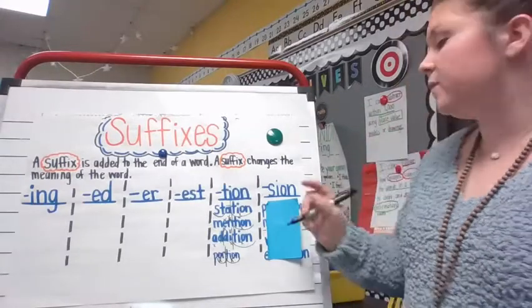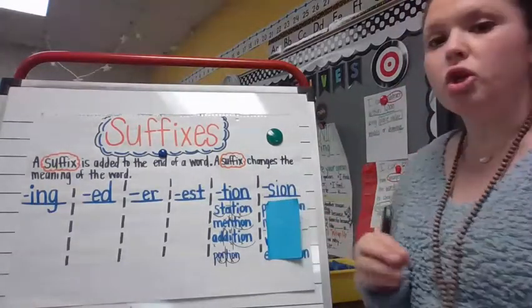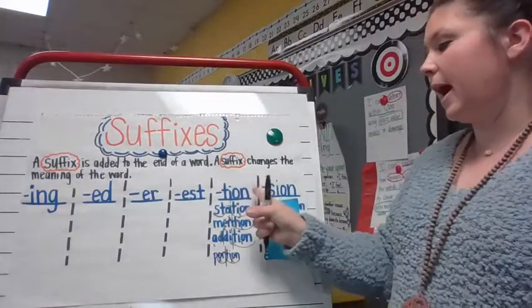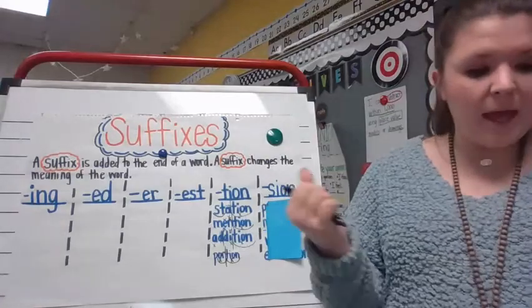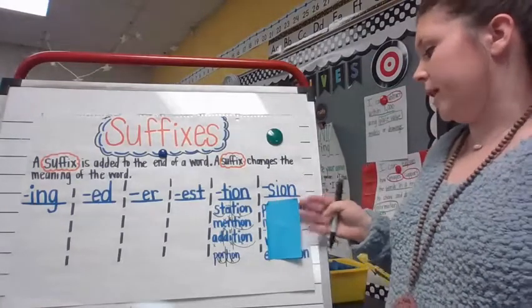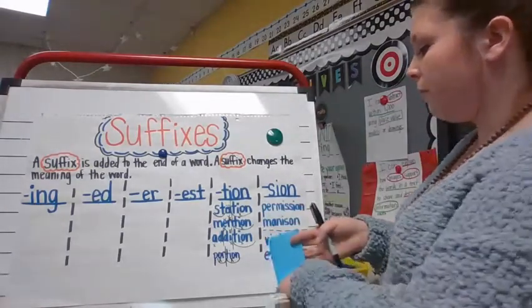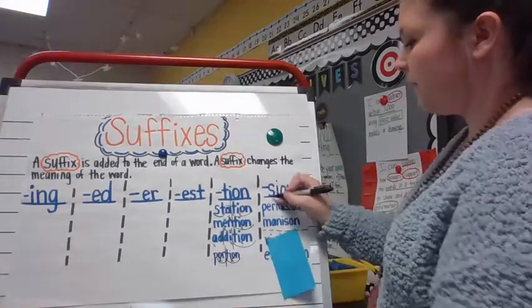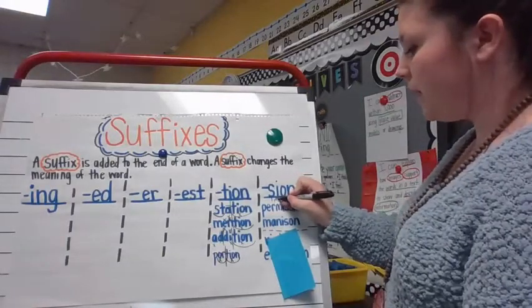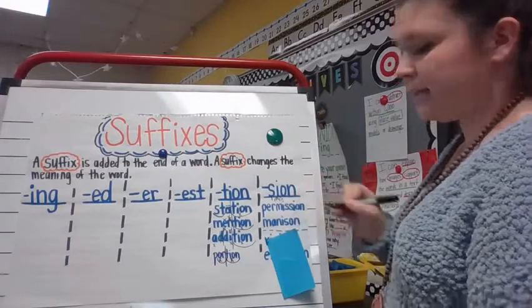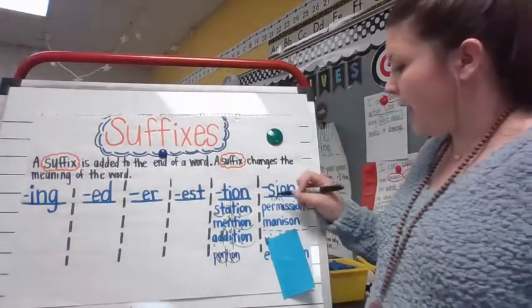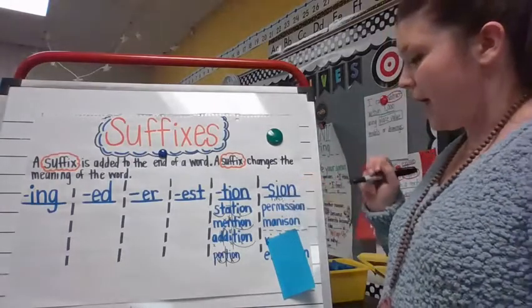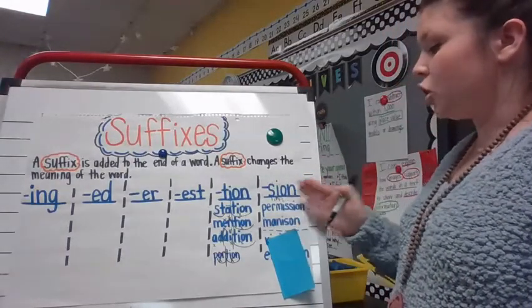First, let's focus on this first sound of S-I-O-N. Shun, just like T-I-O-N. They can both say shun. Now, S-I-O-N says shun when it follows the letters L, N, and S. So when S-I-O-N follows L, N, and S, it says shun.